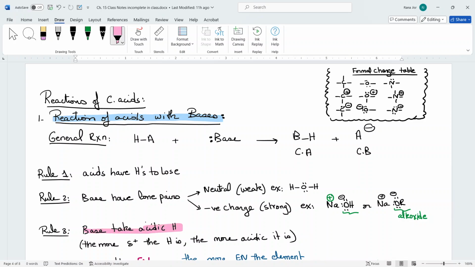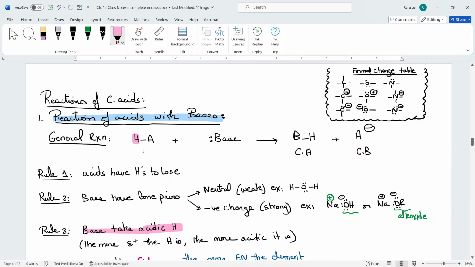This means that any acid we are working with in this course needs to have a hydrogen, and the hydrogen is always lost by the base. So the rule says that the base takes the hydrogen of the acid.